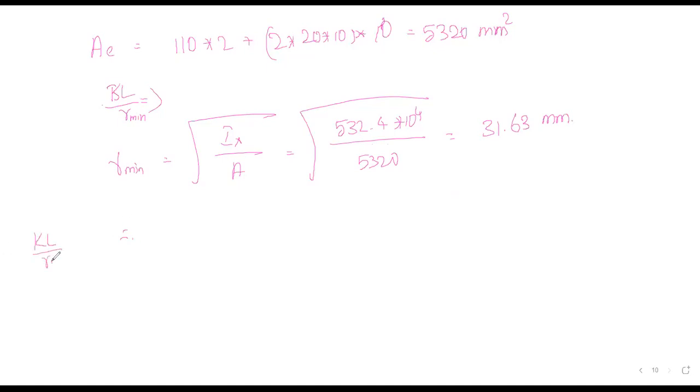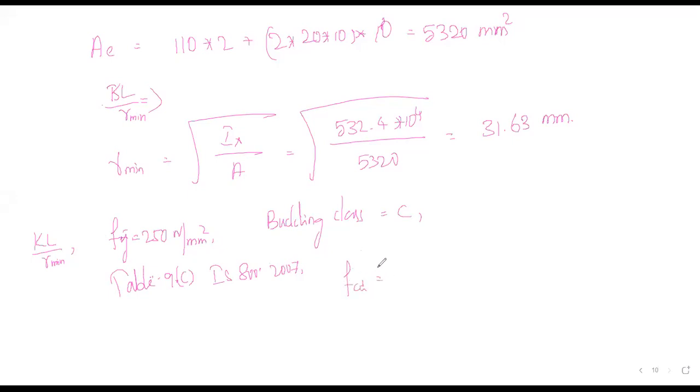Therefore KL by r minimum, with Fy equal to 250 Newton per mm square and buckling class for welded girder being C, from Table 9C of IS 800:2007 we are going to get the value of FCD.